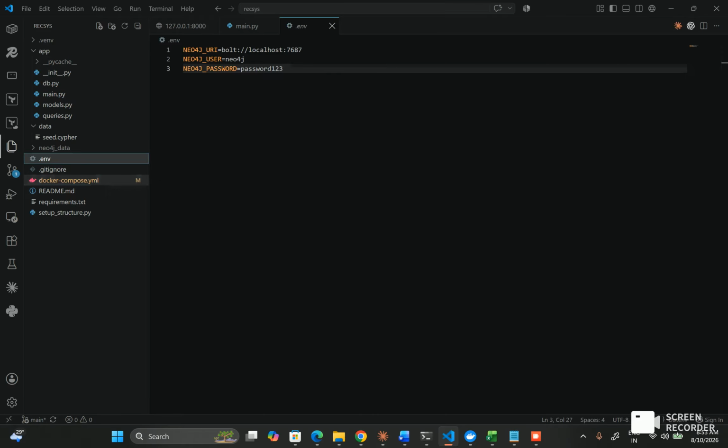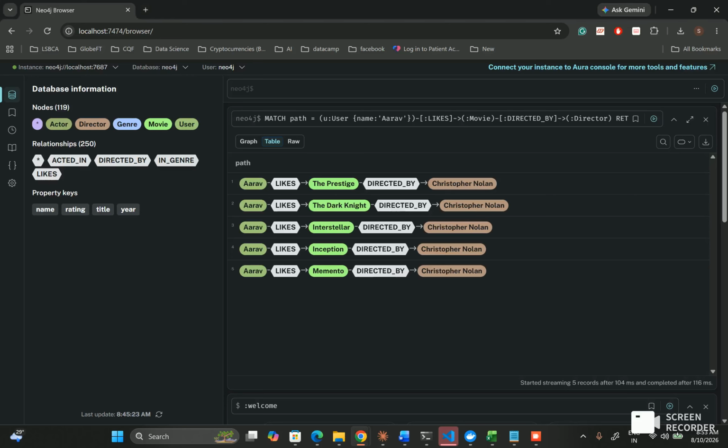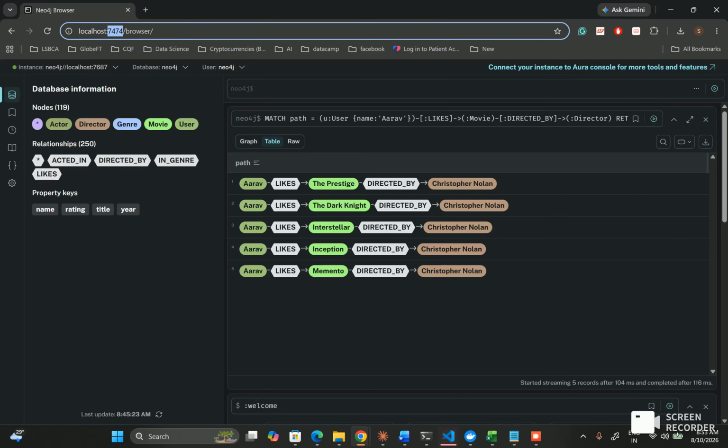Let's go to docker-compose.yaml. This is what's actually running Neo4j right now. While I record this, port 7474 is the browser interface, and I will use it throughout this video.